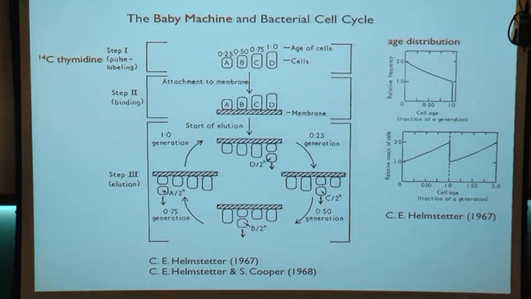You filter this cell culture, and the cells are stuck on this filter. You flip it, and you elute with fresh medium, and then the cells continue to grow, and you can collect the cells in a specific stage between birth and division in a synchronized way.